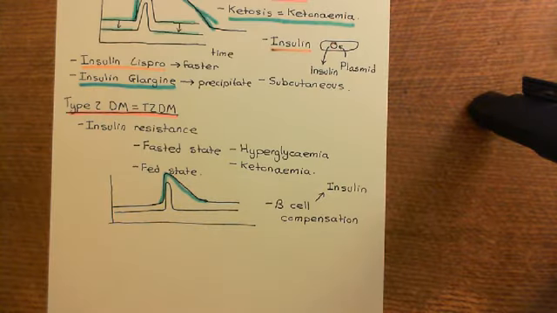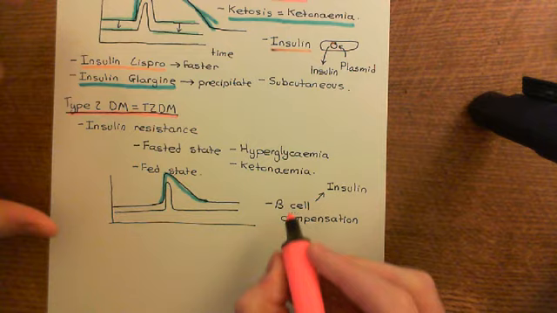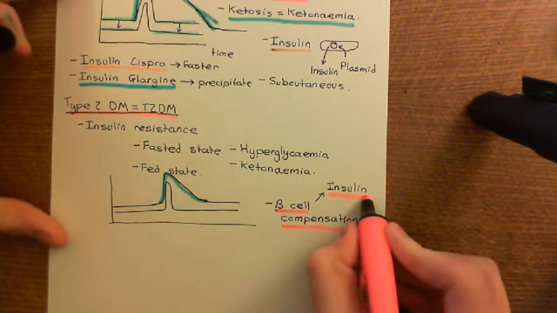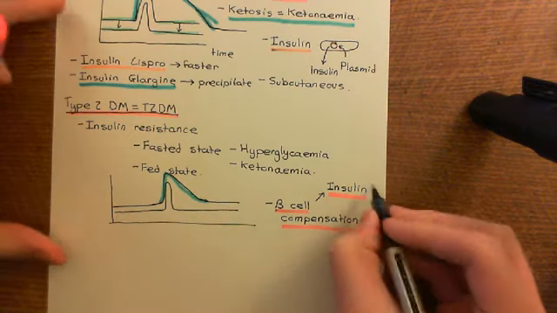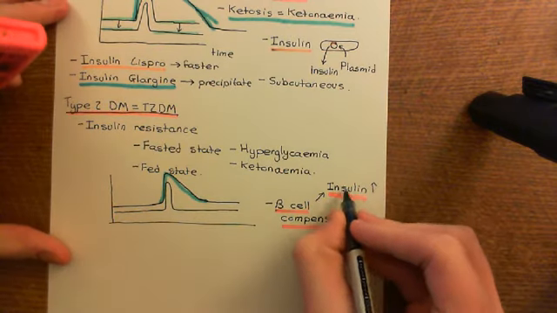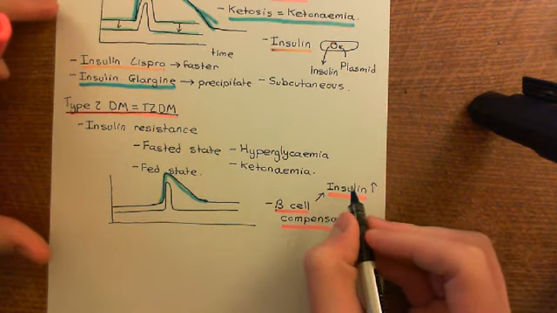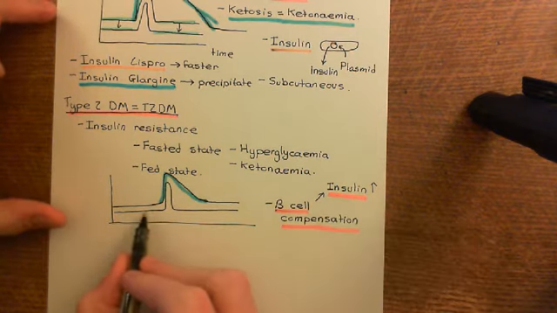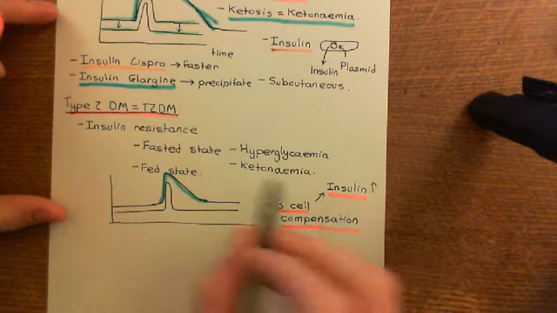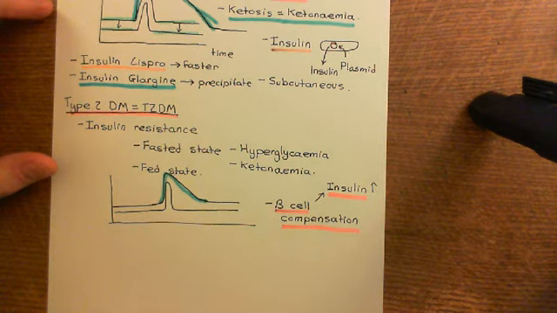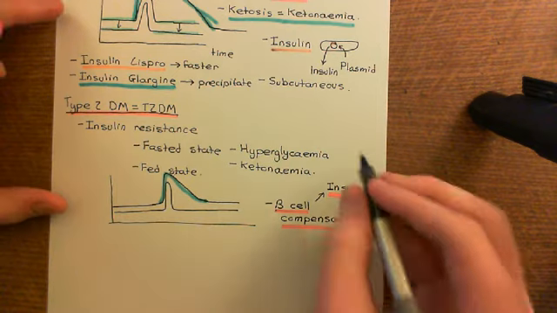So initially the beta cells cope by producing more insulin, and this is called beta cell compensation. Insulin is going to go up, and you're going to get elevated insulin levels in your blood. Even in the fasted state, you're going to have elevated insulin, and certainly when you eat something, you're going to have insulin peaks that are beyond what they would normally be.